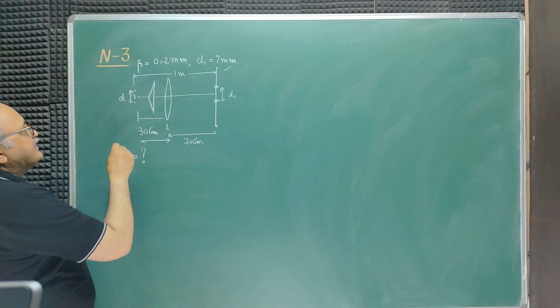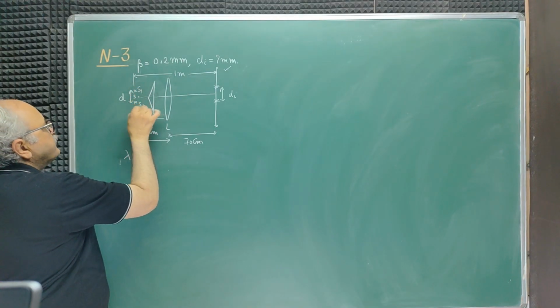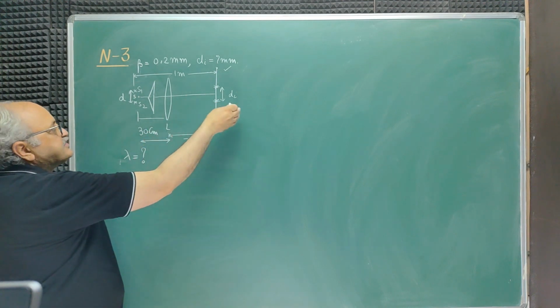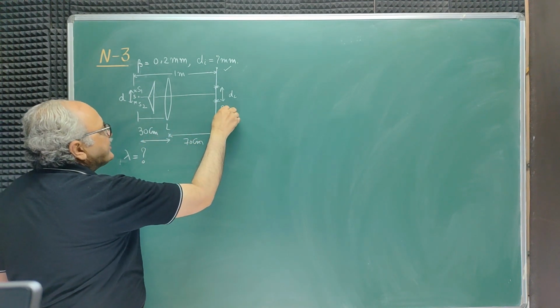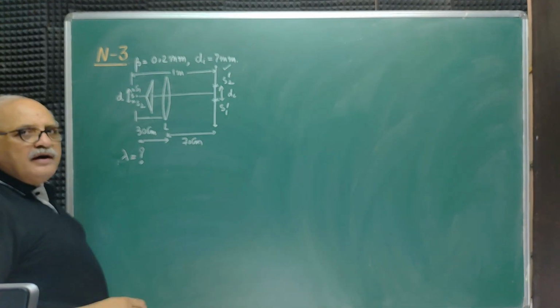It is given that the image of these virtual slits S1 and S2 as observed on the screen, which is say S1 dash and S2 dash, we get the inverted image.